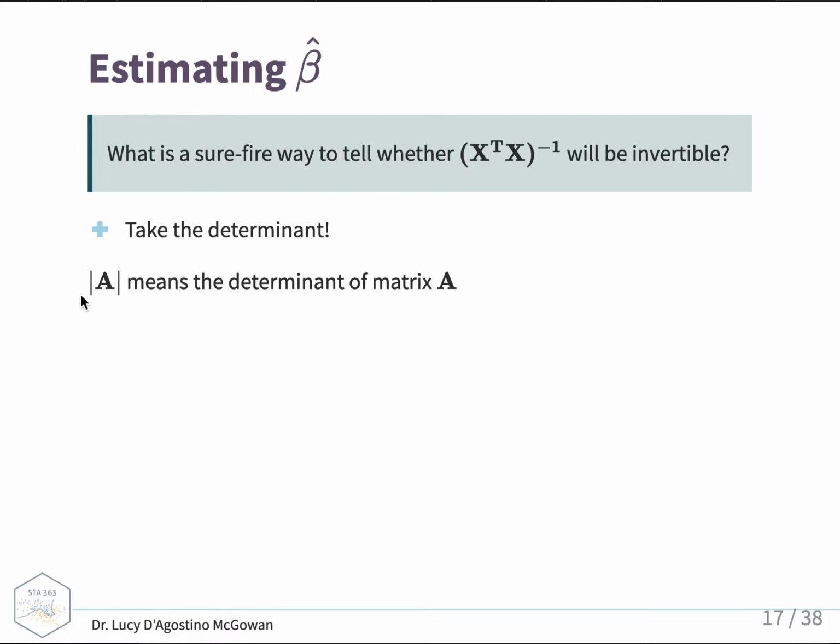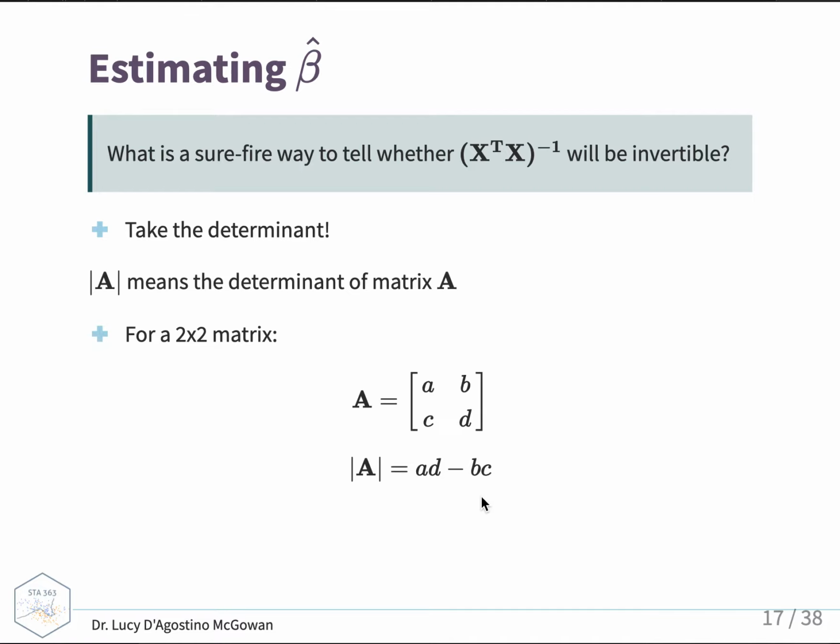Okay, so how do we do that? In matrix form, these bars on either side of a matrix sort of look like an absolute value. That means the determinant of a matrix A. So for a 2 by 2 matrix, this is going to be equal to A times D minus B times C. So basically the multiplication of the diagonal and the off diagonal subtracted from each other.